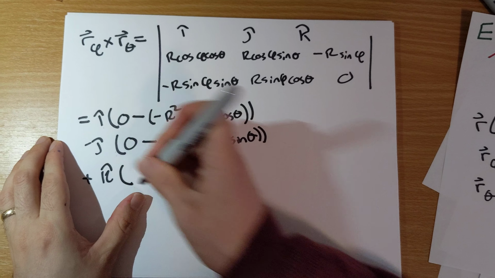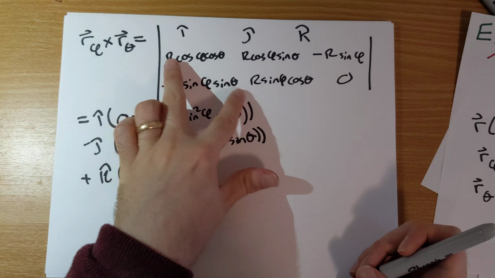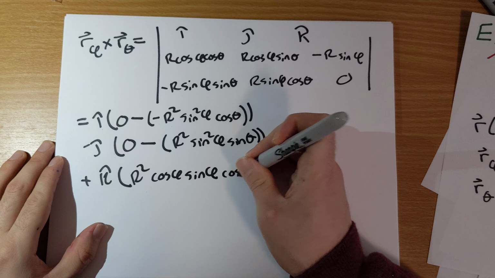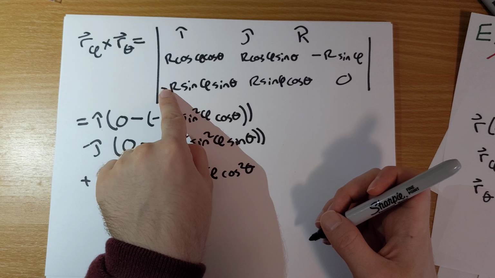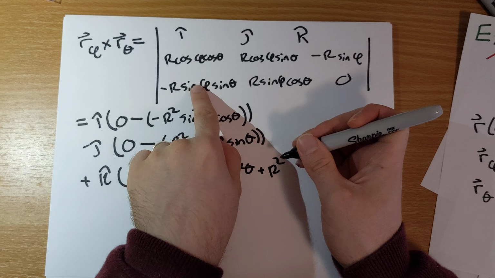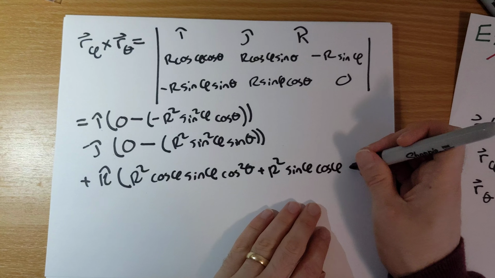Plus k hat times this minus this times this: r squared cosine phi sine phi cosine squared theta, and then minus this times this, the minus times that minus is plus, r squared sine phi cosine phi sine squared theta.